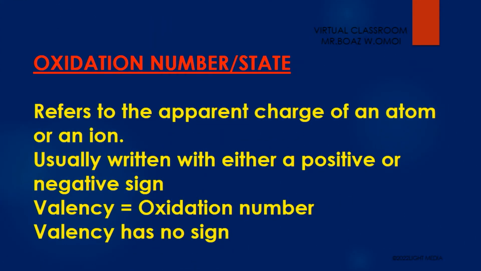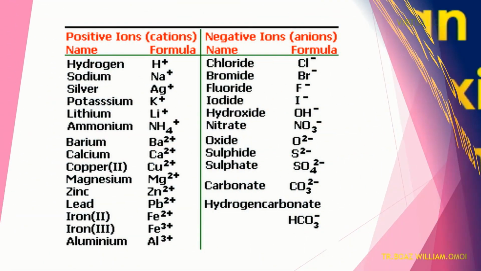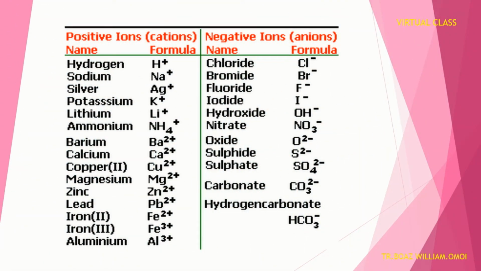Now, having said that, I want to say something very, very important. When you look at an atom of an element, usually an atom of an element which has not undergone any reaction, the valency or the oxidation state of that atom is 0.